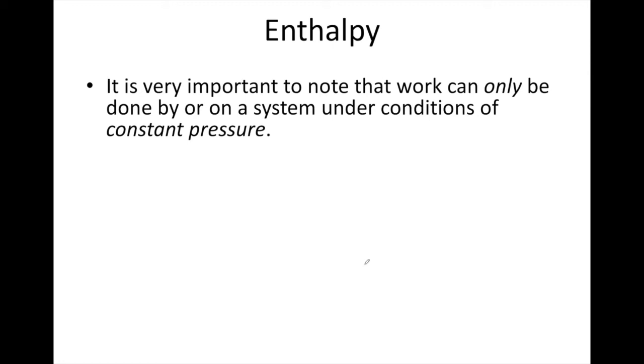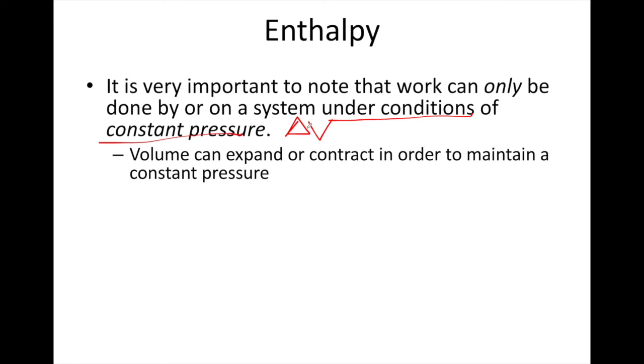Now, in regards to work, it's very important to note that work can only be done on a system under conditions of constant pressure. Now, when we talk about constant pressure, that's another way of saying that we're changing the volume. If the pressure is constant, then the volume is changing. So under conditions of constant pressure, our volume can expand or contract in order to maintain constant pressure.